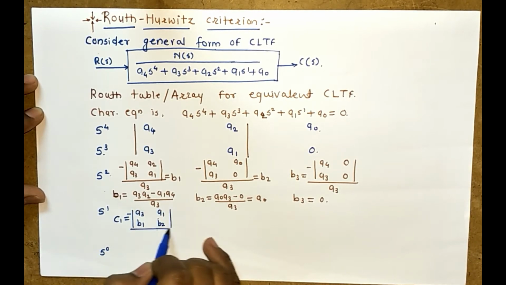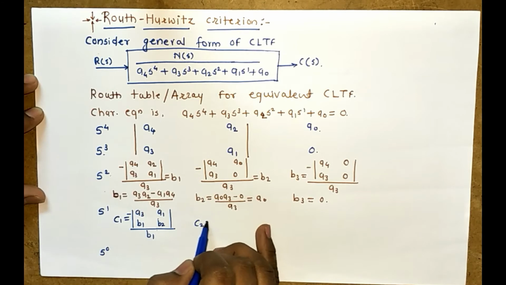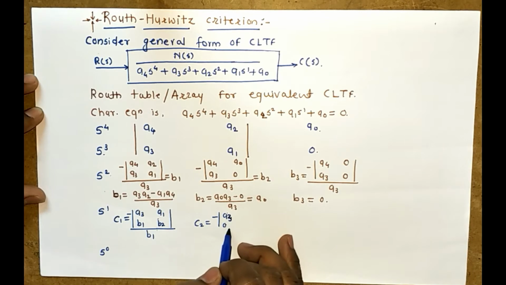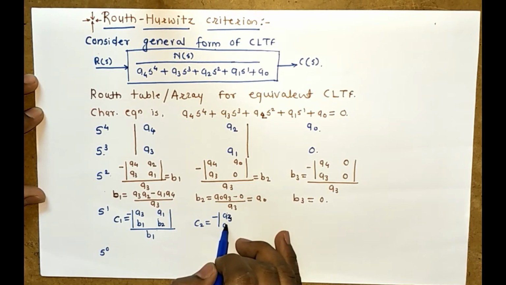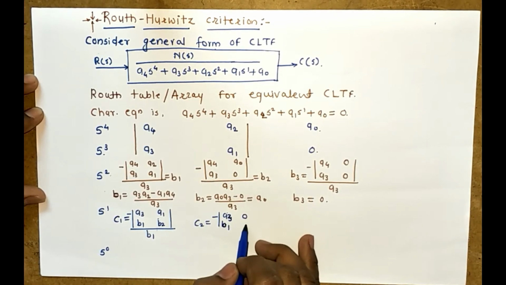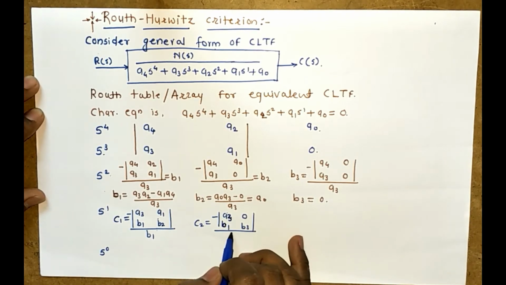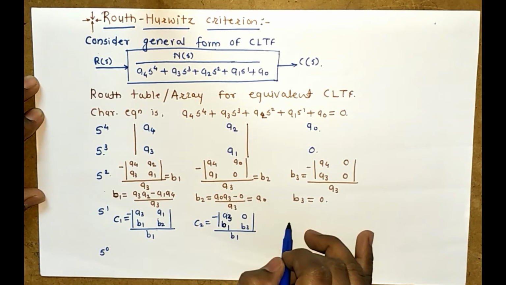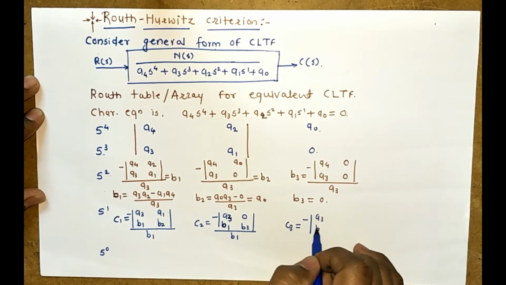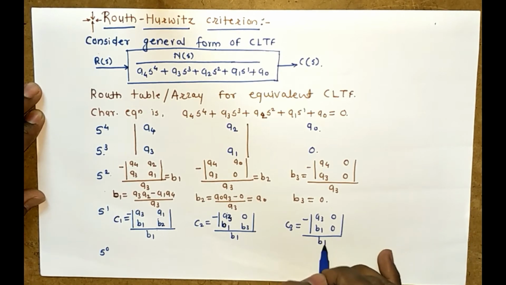Now c2 is equal to a3, a0, 0, b3 divided by b1. b3 is equal to a3 b1 divided by b1.